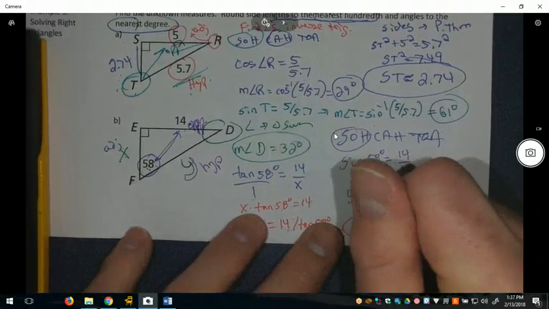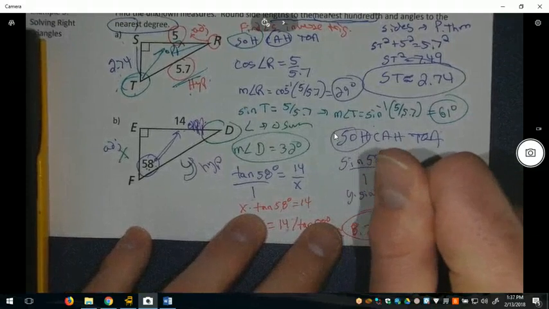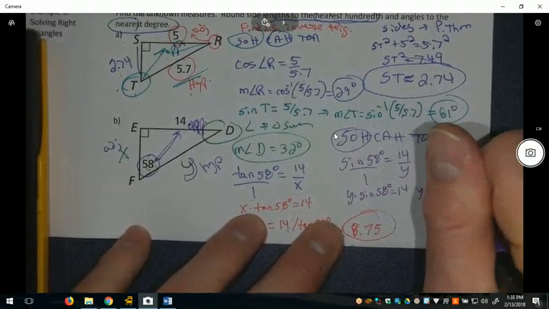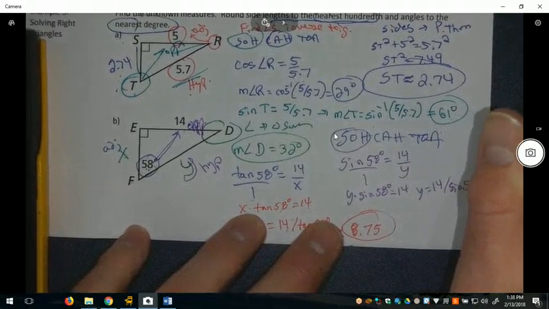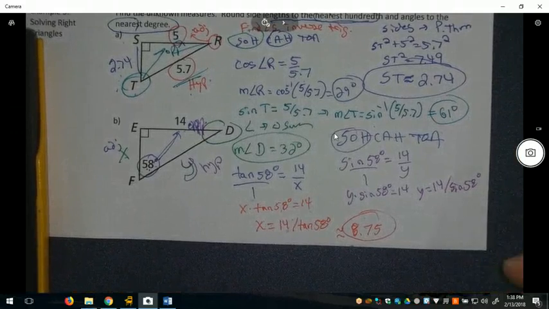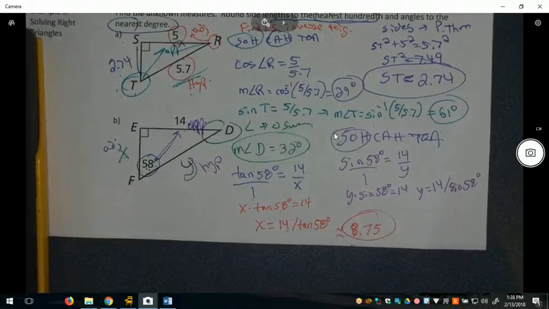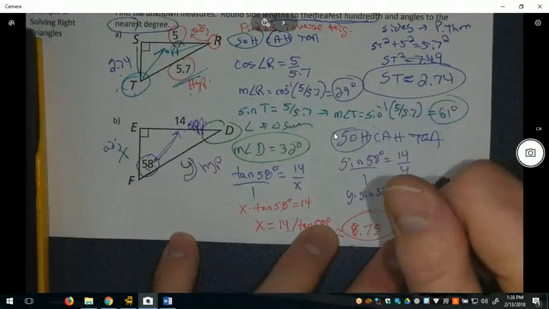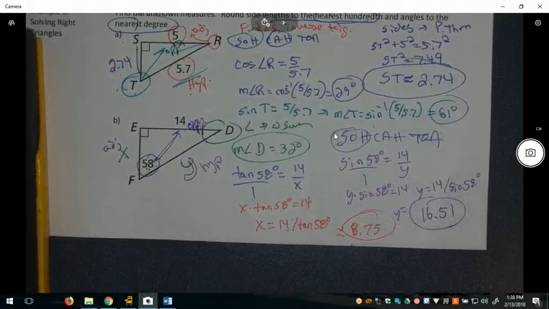I'm going to cross multiply. I get y times sine of 58 degrees equals 14. And divide: y equals 14 divided by the sine of 58 degrees. When I put that in my calculator, I get 16.508. Rounded to the nearest hundredth is 16.51 for the value of y.